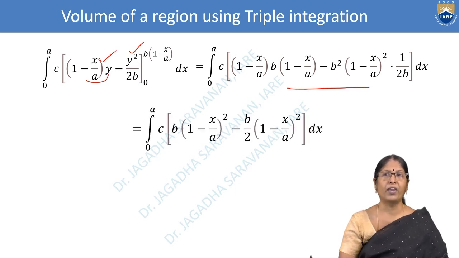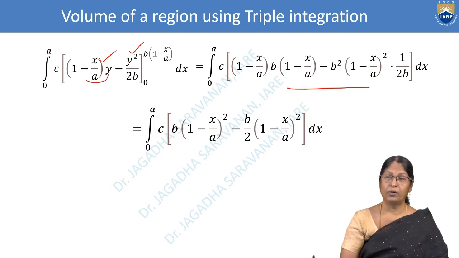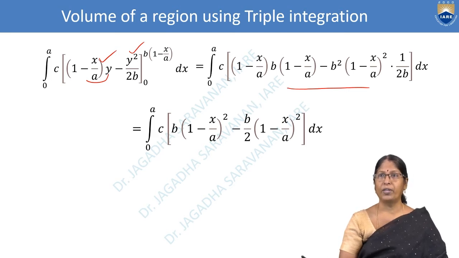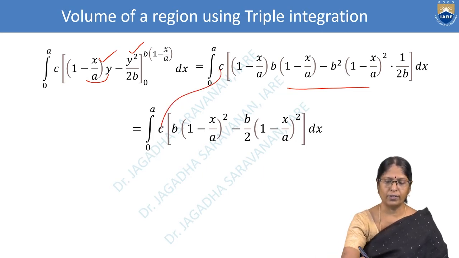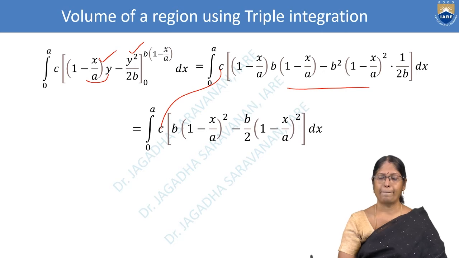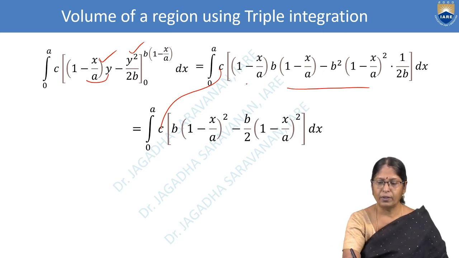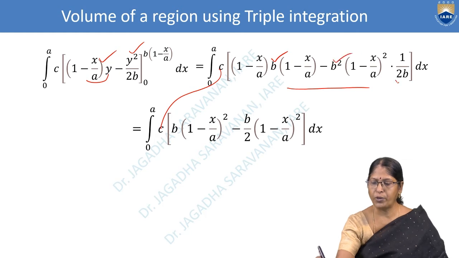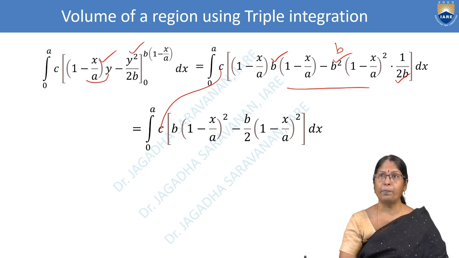Now we are doing the simplifications before going to the last integration, the outermost integration. Here c is there, and b is there. Here b square by 2b. If you cancel here also, the top is becoming b.